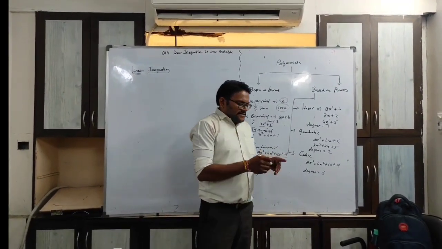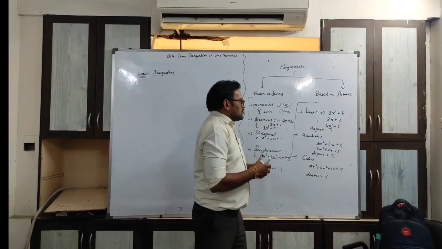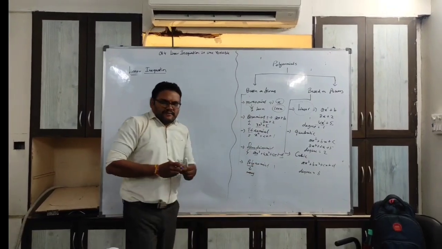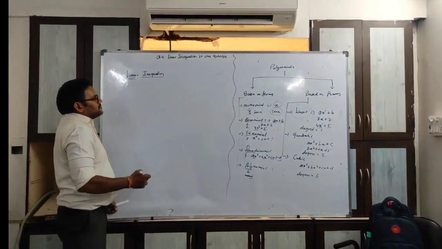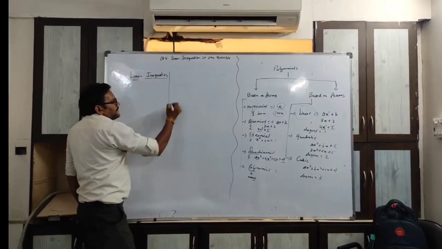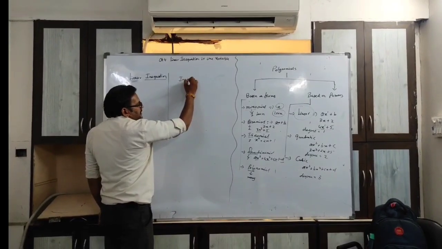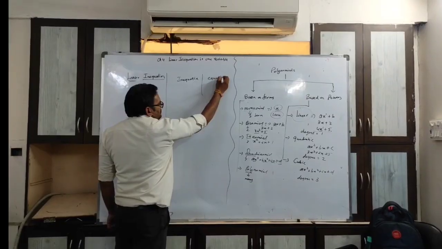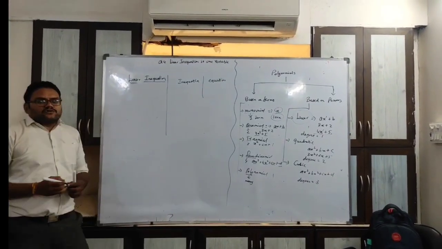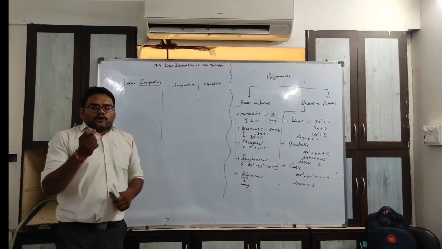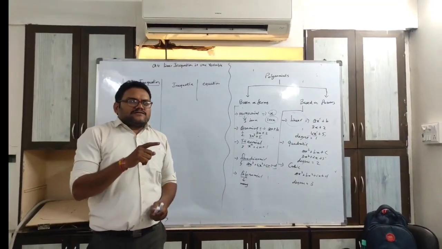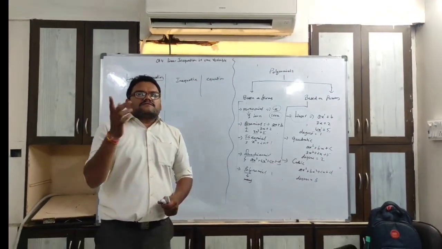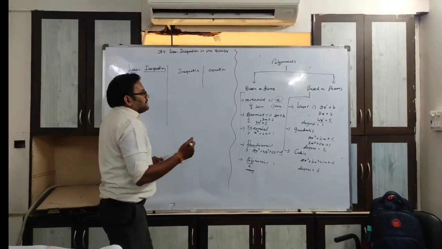Now what we have to learn here is what is a linear equation. So this was the basic classification of what a linear equation in one variable is. We saw that. Now we will come to linear inequation. What is the difference between inequation and equation? Before that we must also know when a polynomial is known as an equation and when it is known as an inequation.